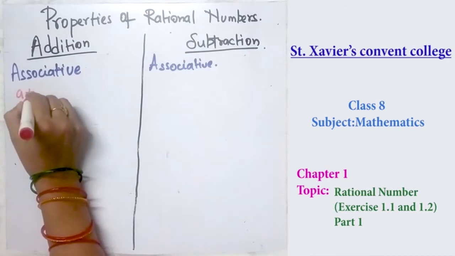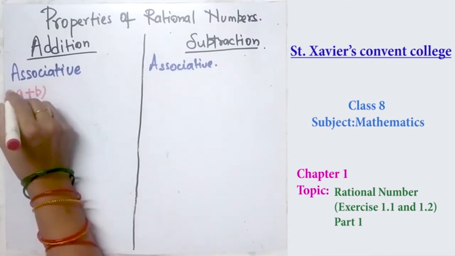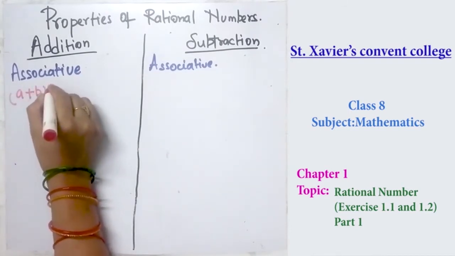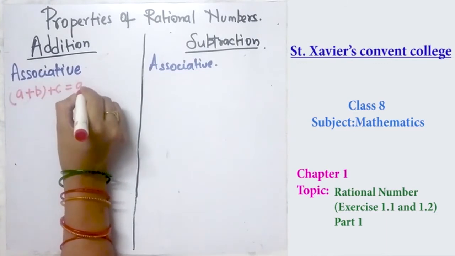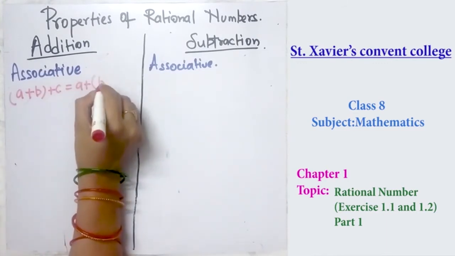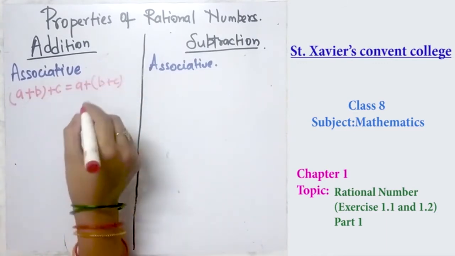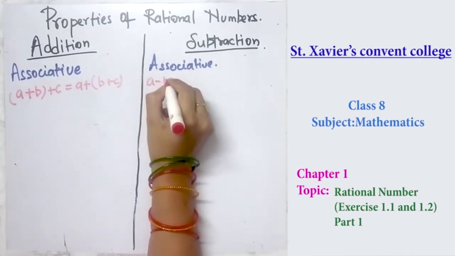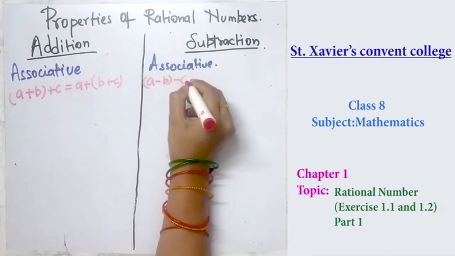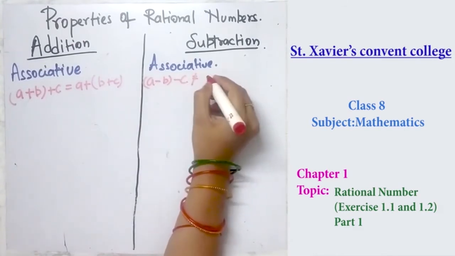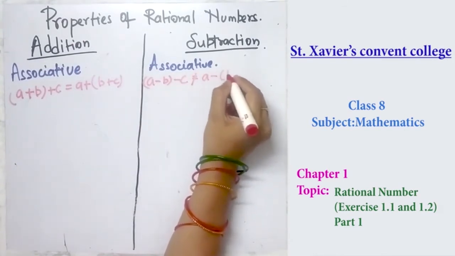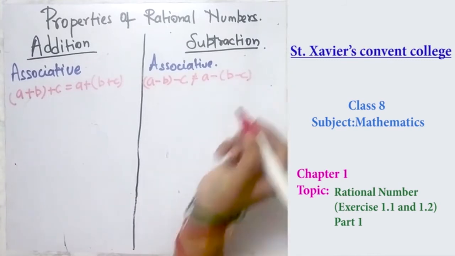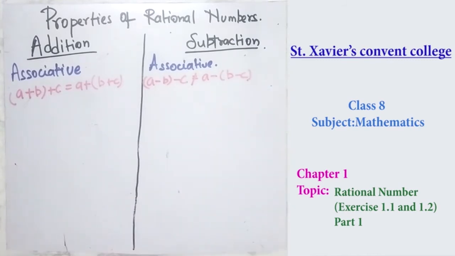In the associative property, you have to take a 3 element set: A plus B plus C should equal A plus B plus C, grouped differently. You have to show this. In subtraction, A minus B minus C is not equal to A minus B minus C grouped differently. This is the associative property. We will discuss it over here by taking an example.